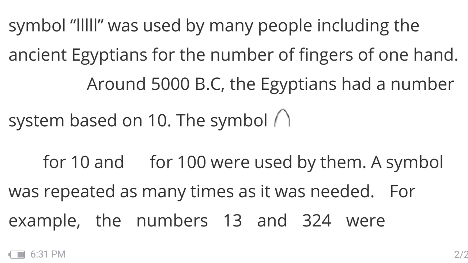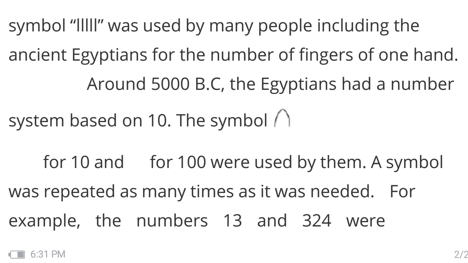Around 5000 BC, the Egyptians had a number system based on 10. A symbol for 10 and a symbol for 100 were used by them. A symbol was repeated as many times as it was needed.